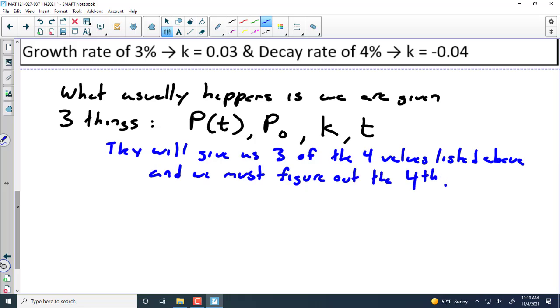That's what's going to happen, everyone. They're either going to tell us the starting amount and the ending amount and the time, and we have to figure out the percent growth or decay rate, or they'll give us the starting amount, how it's growing, and how much time we have, and we'll figure out how much there is at the end. They give us 3, we come up with the 4th. That's what we're going to be doing in this section.